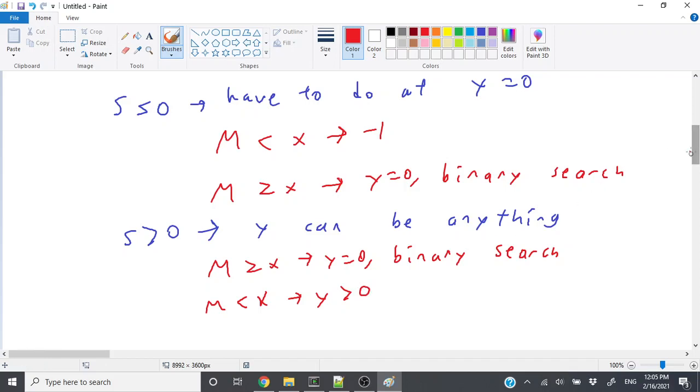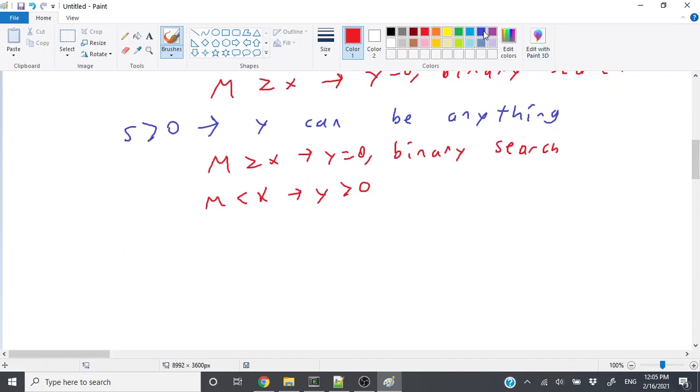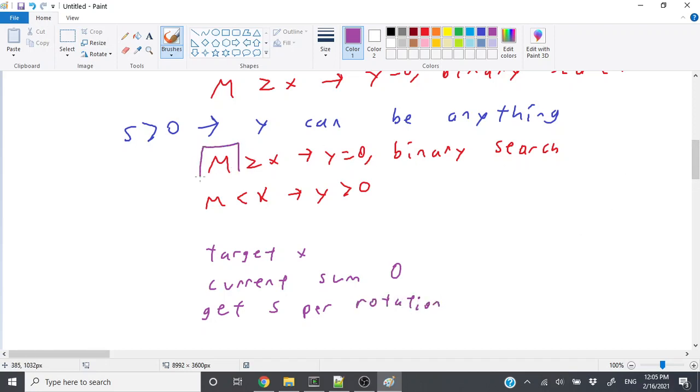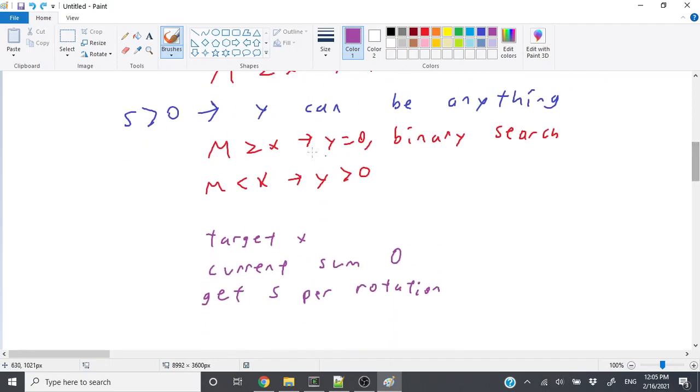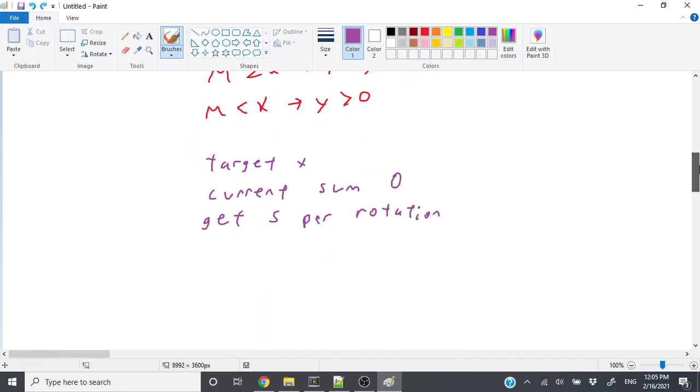How many times do we have to do a rotation before we're good? We have a target x. We have a current sum 0. We get s per rotation. We're going to get it on the rotation where m plus the sum we've accumulated by doing rotations is greater than or equal to x.